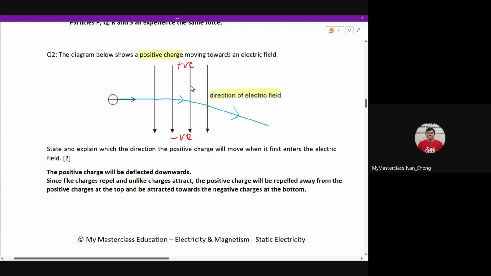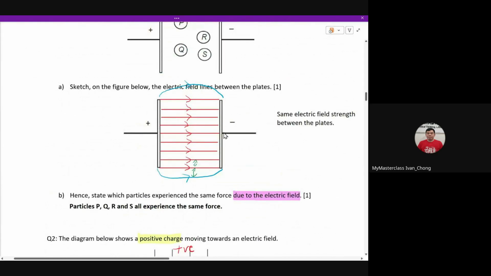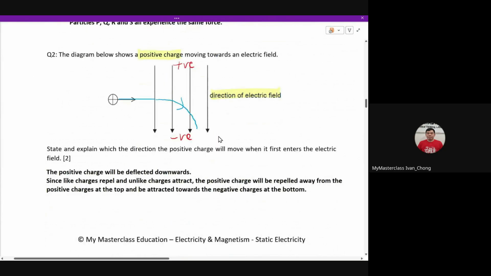One, straight line. Middle, you start to bend downwards, and then this part, if you escape it, you will manage to go out. But if you don't manage to escape it, like what I drew just now, you will end up being inside the electric field. And if there is a plate, the positive charge might just end up touching the negative plate on the other side.